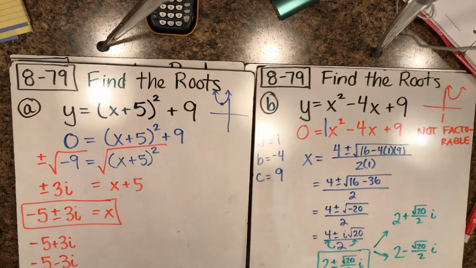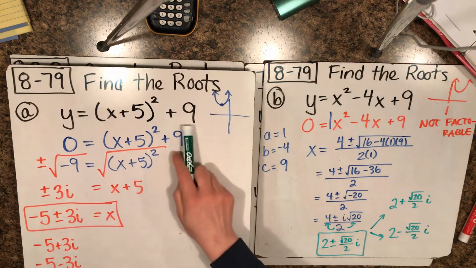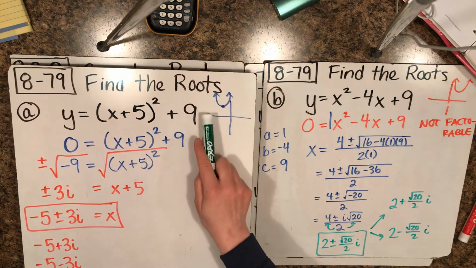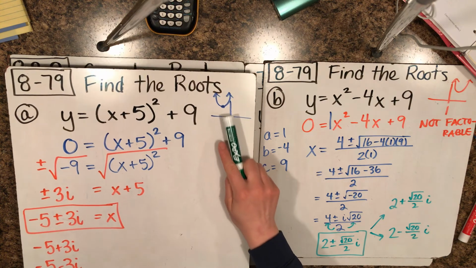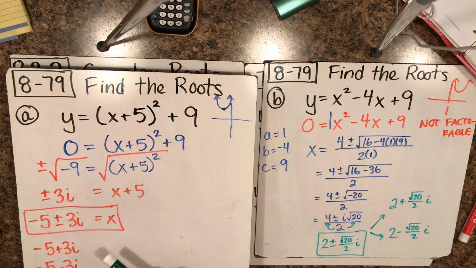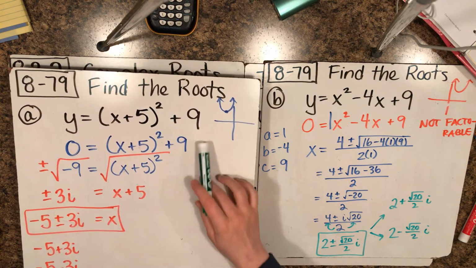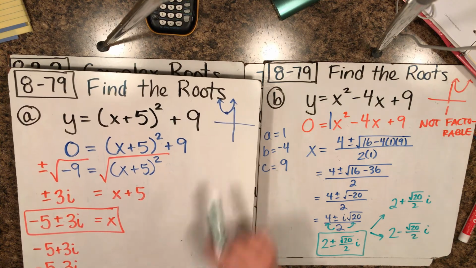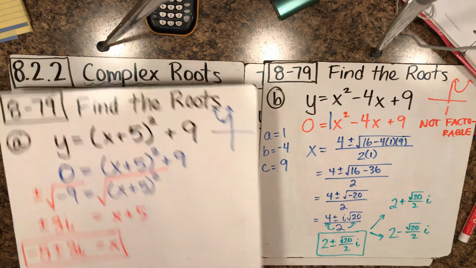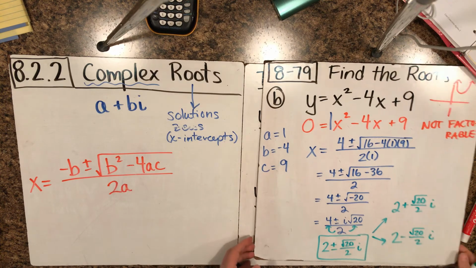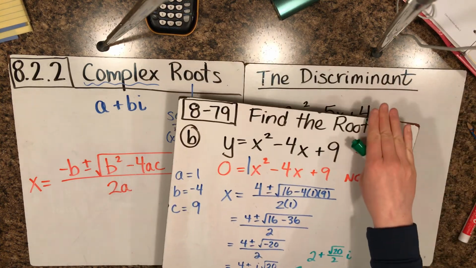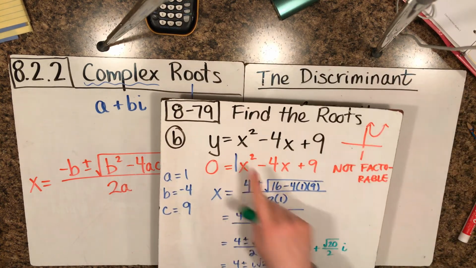Okay, and this one was really easy for us to graph quickly, sketch a graph quickly, and see that because it does not cross the x-axis, we know that the roots would be imaginary. So if that was the only question here, we would know immediately by sketching the graph that those have imaginary roots. Okay, this one, if we didn't have access to a graphing calculator, it wouldn't be so easy.